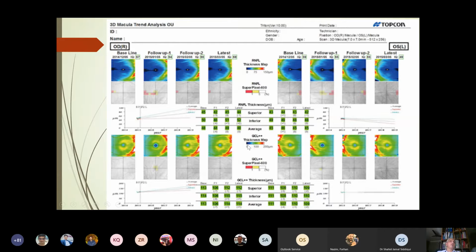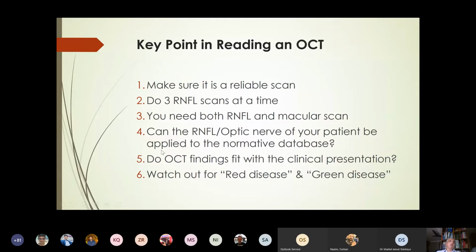Here, it is not the significance chart. It is the thickness map. So the red or the yellow area shows that the perifoveal macula is healthy. You should see a yellow donut over here in normal patients. And here you can see on follow-up, this donut is fading away. If that fades away, that tells you that the perifoveal area, as the ganglion cells, are being affected.